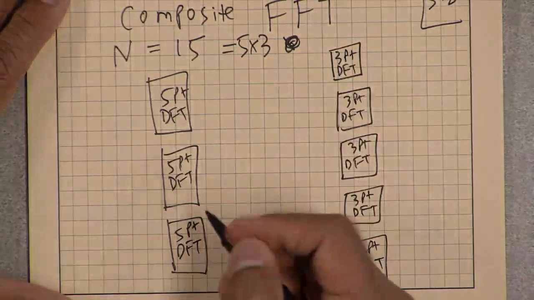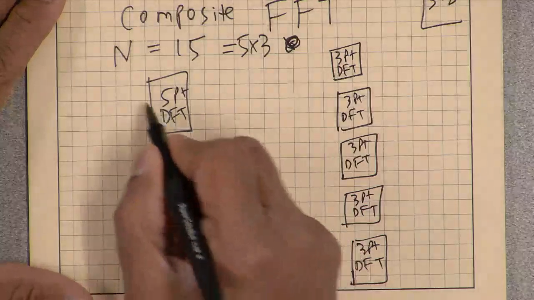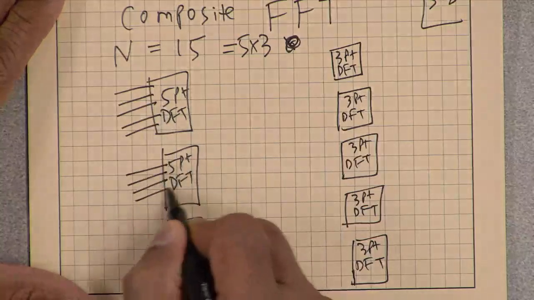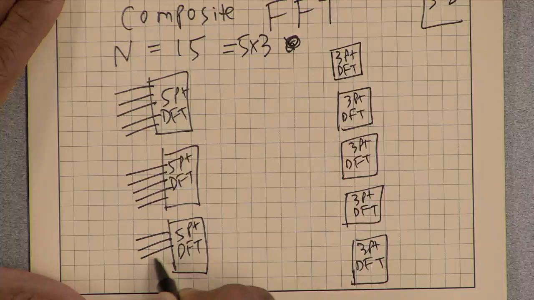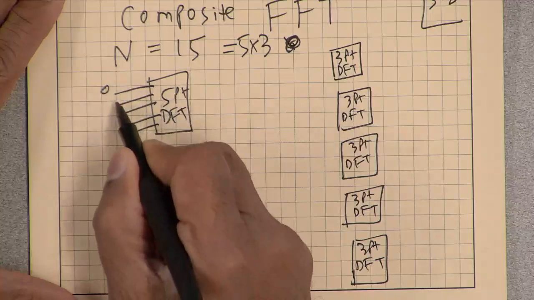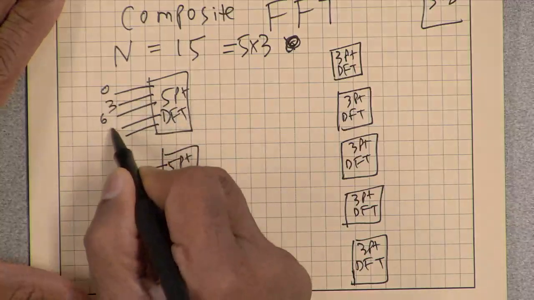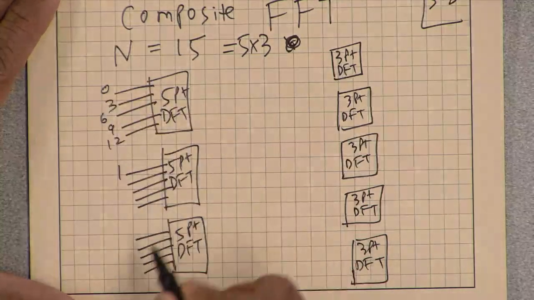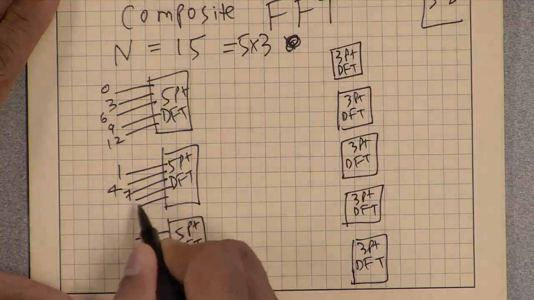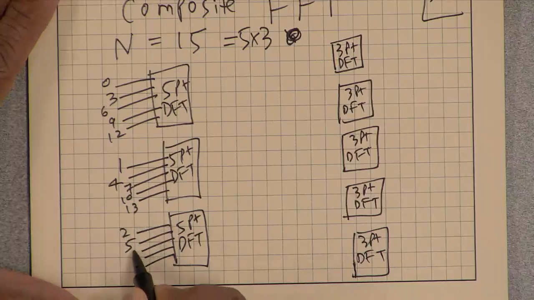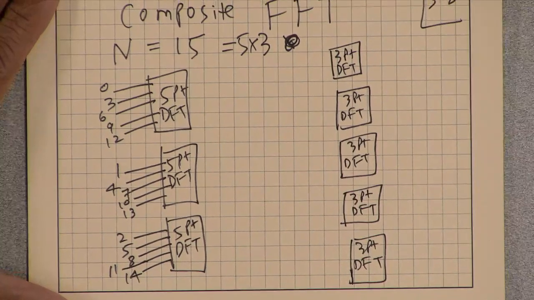Okay, so how do we connect these things? The inputs here are going to be 5 samples. The first input is going to be 0, 3, 6, 9, 12. Next one is one more than these things: 1, 4, 7, 10, 13. And then one more, 1 plus 1, 2, 5, 8, 11, 14. So that's going to be the input pattern.